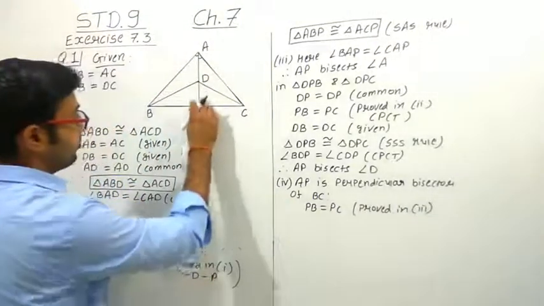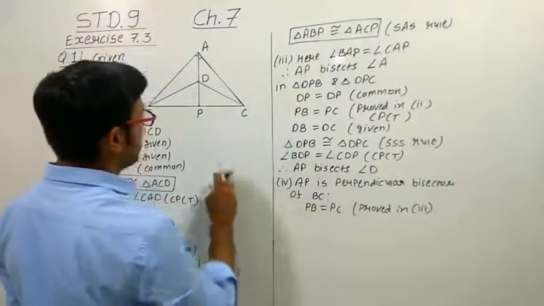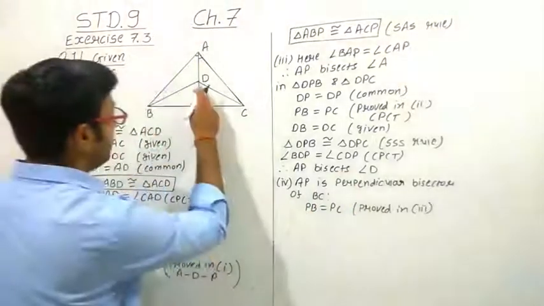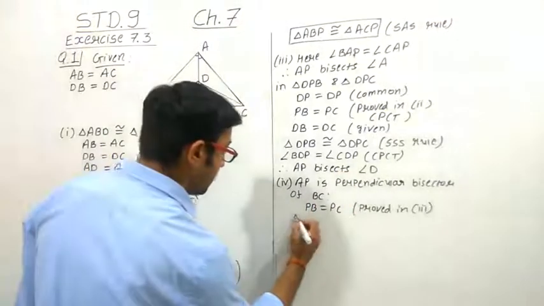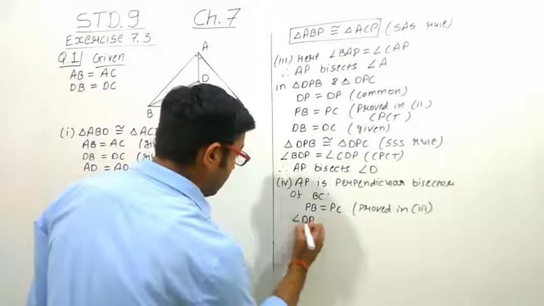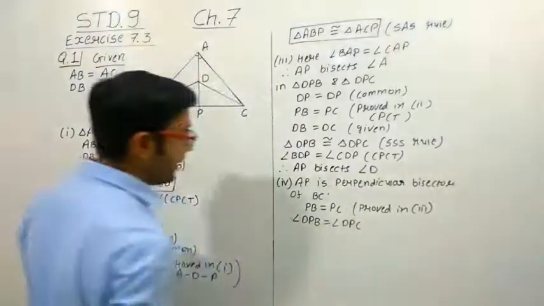Now the thing is of the angle. See, here we have proved that these two triangles are congruent. So we can write down that angle DPB is equal to angle DPC. Why?